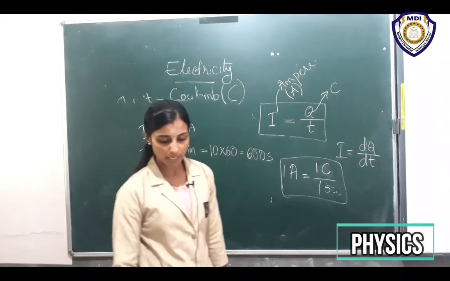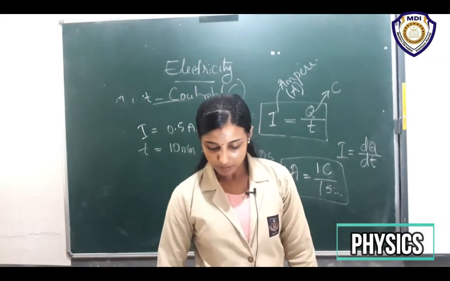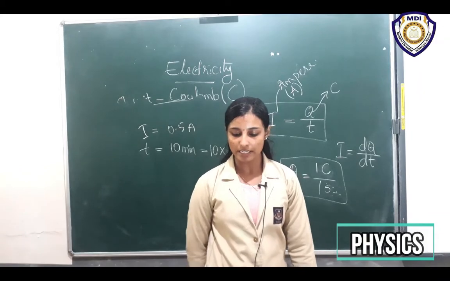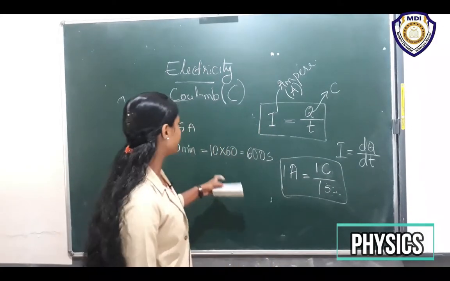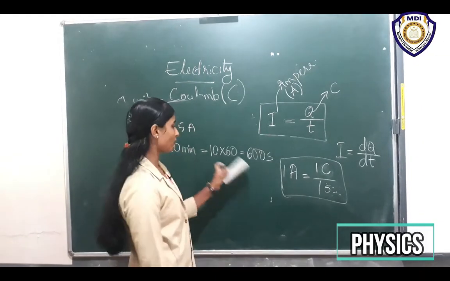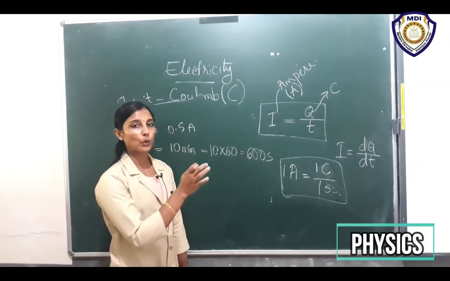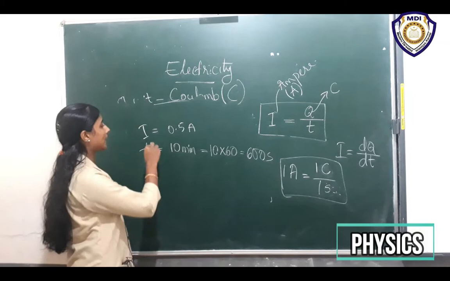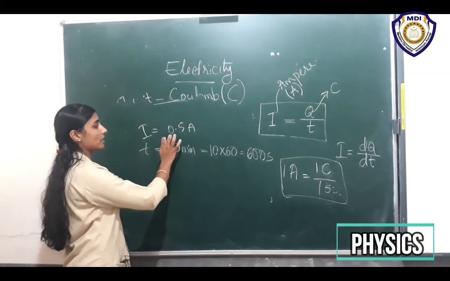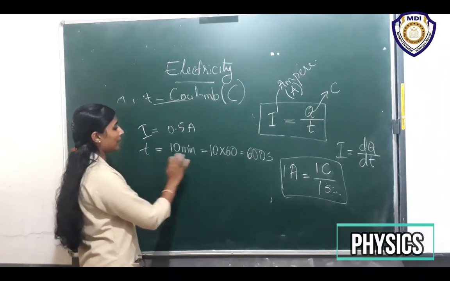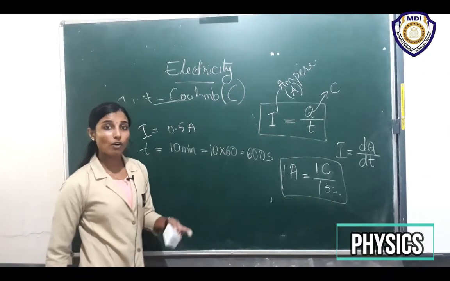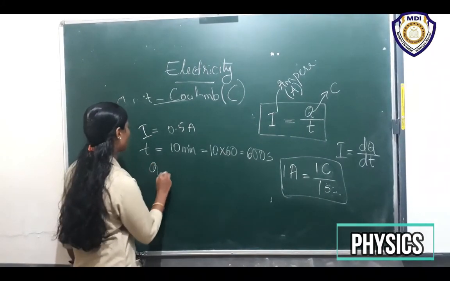Then what is the question? Find the amount of electric charge that flows through the circuit. So we have a closed circuit, and the current flowing through it is 0.5 ampere within a time of 600 seconds. So now we have to calculate Q.